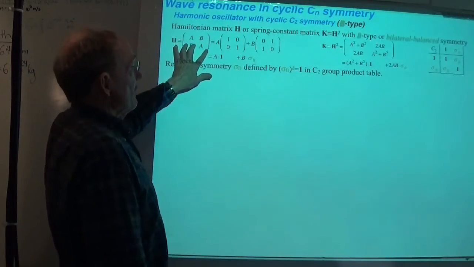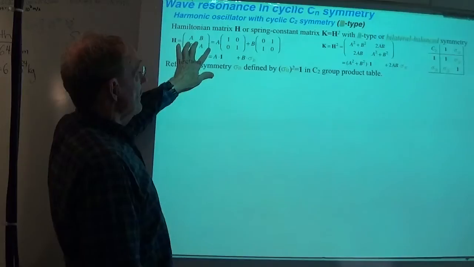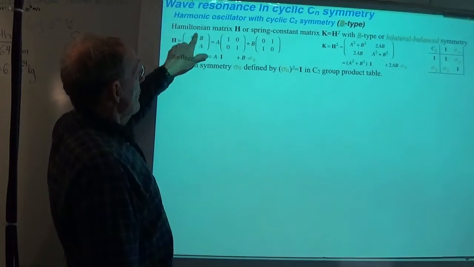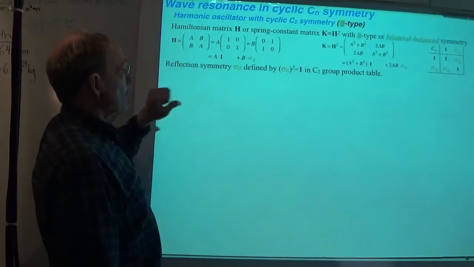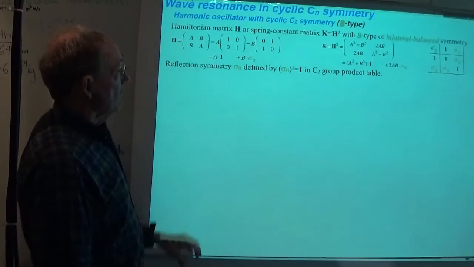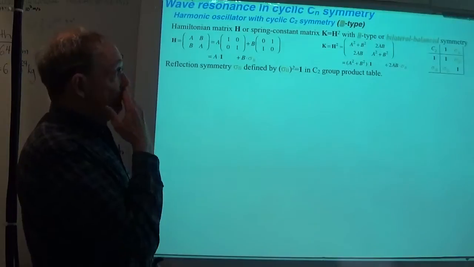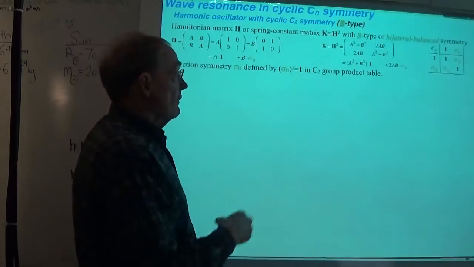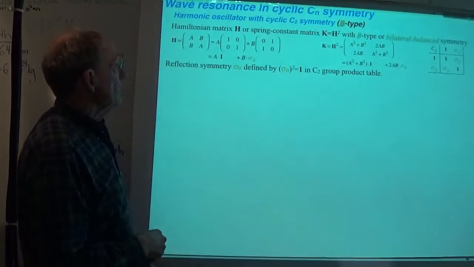Tunneling matrix is sometimes what people call this thing. In any case, a matrix that just consists of two parameters, one of them being the coupling and the other one being whatever it is that gets each one of the individual oscillators oscillating.